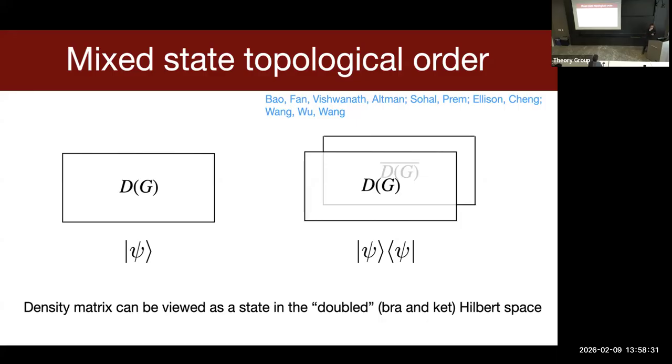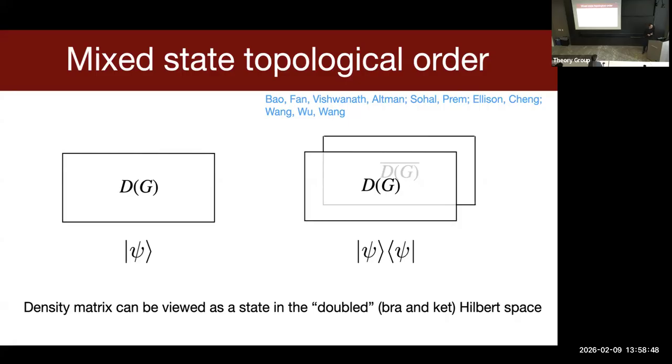This is very useful in porting over our intuitions about pure states to this setting. But we have to be a little bit careful because not every state in the doubled Hilbert space will correspond to an actual density matrix.